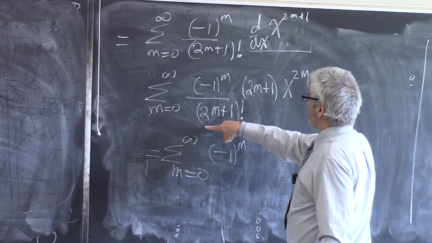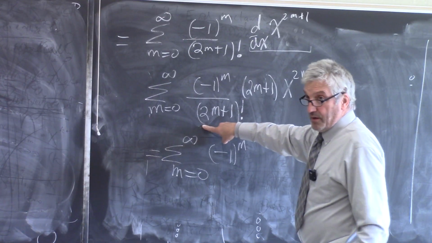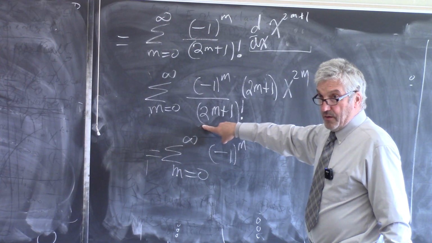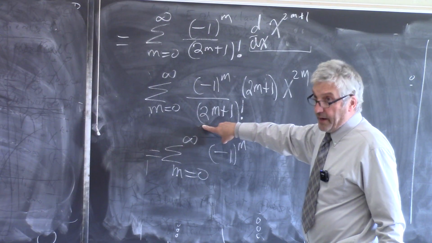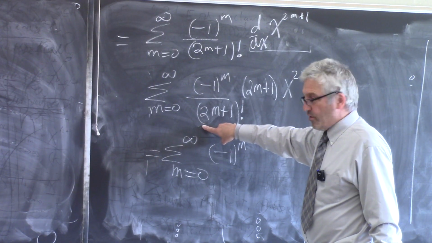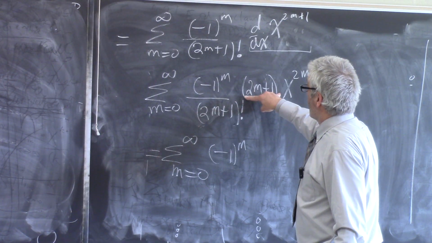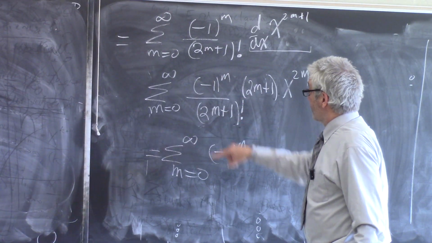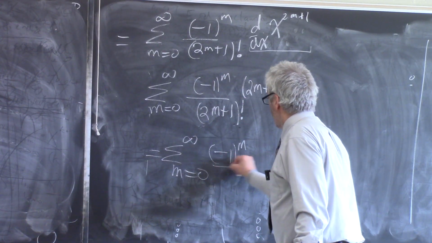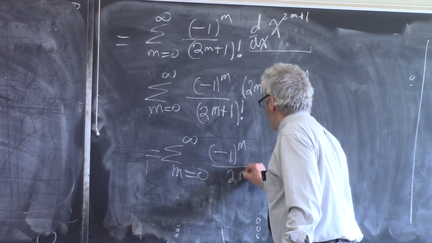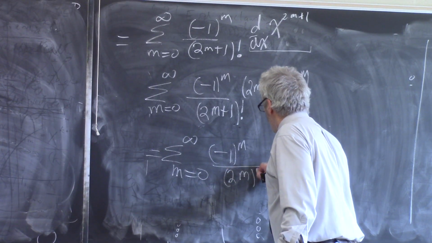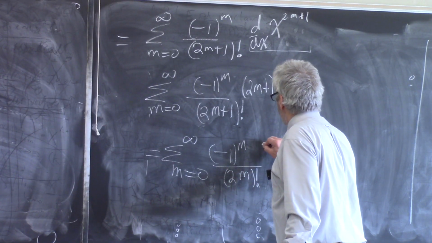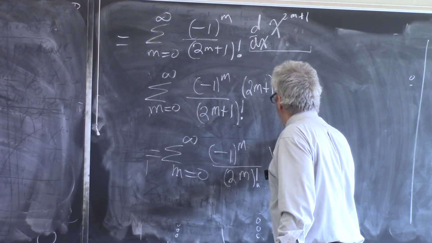But remember, this is a product of a whole bunch of terms, beginning with 2m plus 1, and then 2m, and then 2m minus 1, all the way down to 2, and then down to 1. When I have a 2m plus 1 on top, that cancels that first term. So what I end up with is 2m quantity factorial times, and then what's on top, I have x to the 2m.